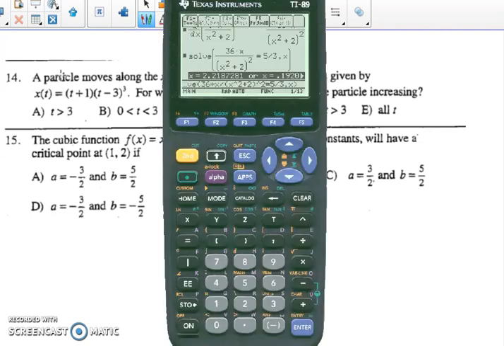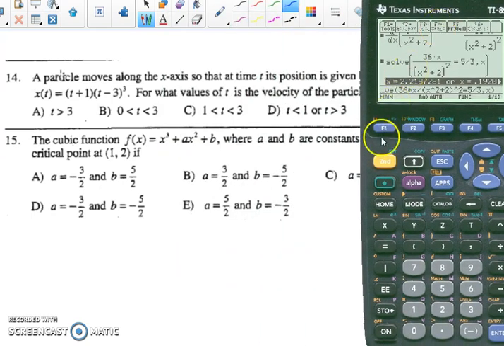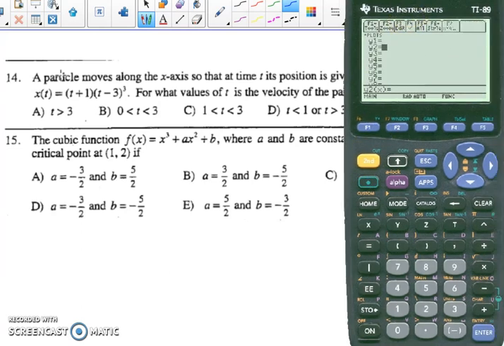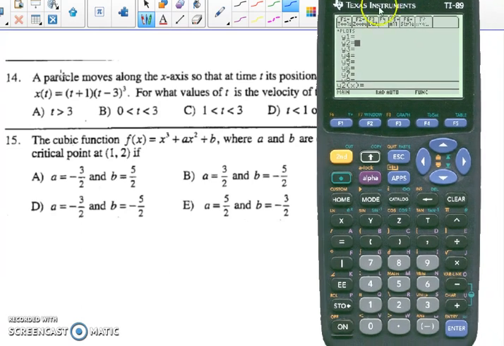So that means when I use my calculator, I'll go to the graph screen here, and I'm going to have to convert to x values. So I'll have x plus 1 times x minus 3 quantity cubed. And I'm going to want to graph the second derivative.